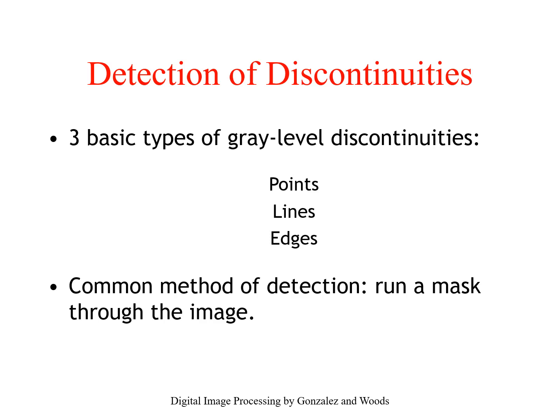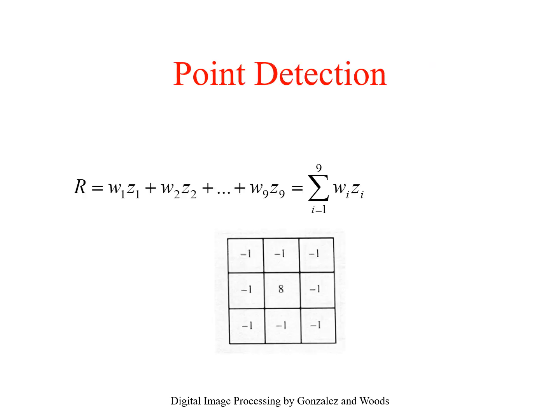Since high pass masks are used, the sum of all coefficients of the mask has to be equal to 0. If you remember, this mask we had applied while learning spatial domain enhancement technique. This is a Laplacian mask, a second order derivative filter, which we had applied for extracting high frequency components.